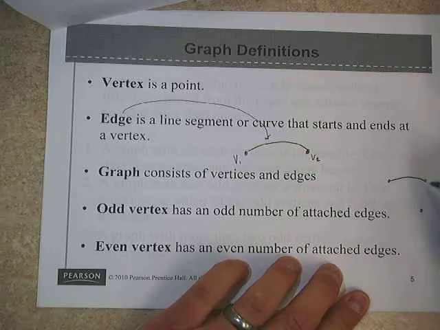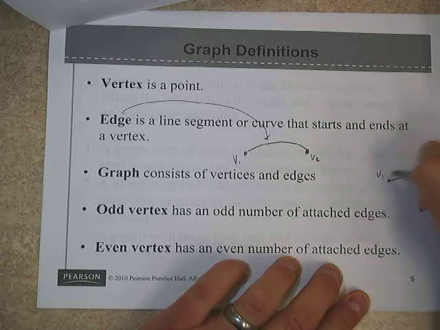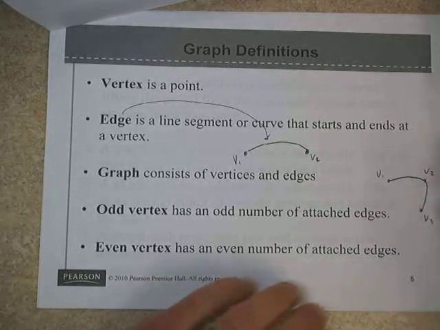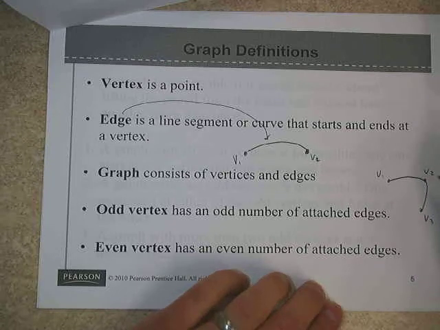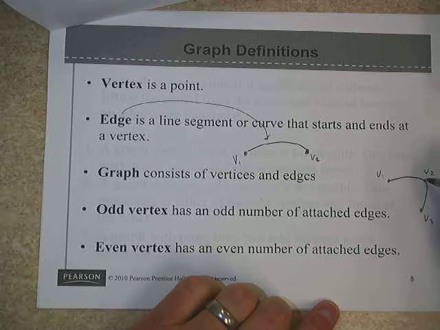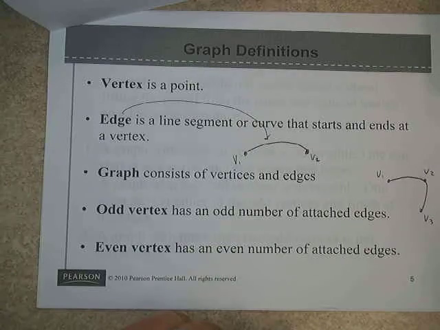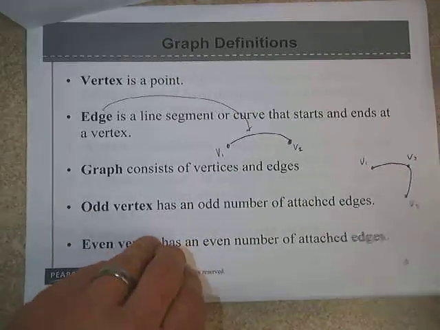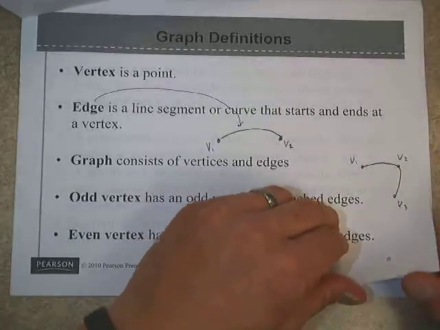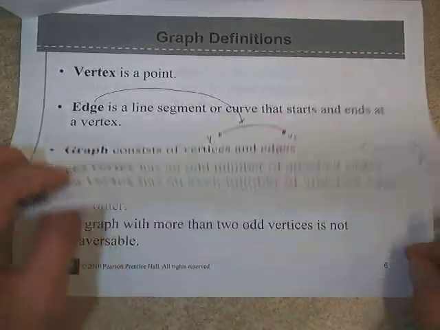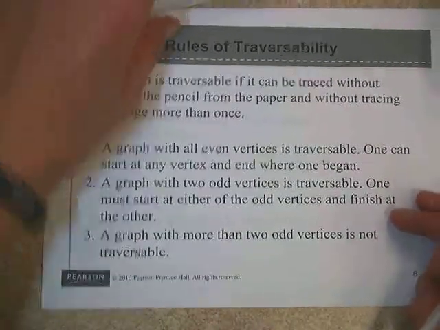If I were to introduce, let's say, 3 of them, and have a graph that looked like this, say V1, V2, and V3, V1 and V3 would both be odd degree, whereas V2 would be even degree because it has 2 edges connected to it. So it would be considered a degree 2 vertex.